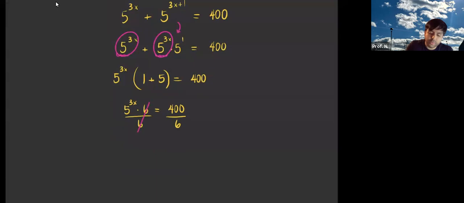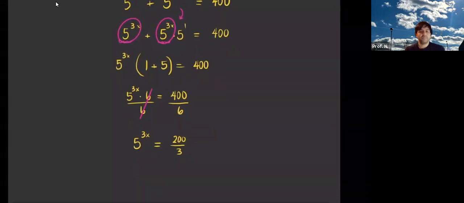And when I divide by 6 on both sides, I get 5 raised to the 3x equals 400 divided by 6. If you did 400 divided by 6, if you divide the top by 2 and the bottom by 2, I get 200 over 3. But I still want to get x. So then what should I do to get x, guys?